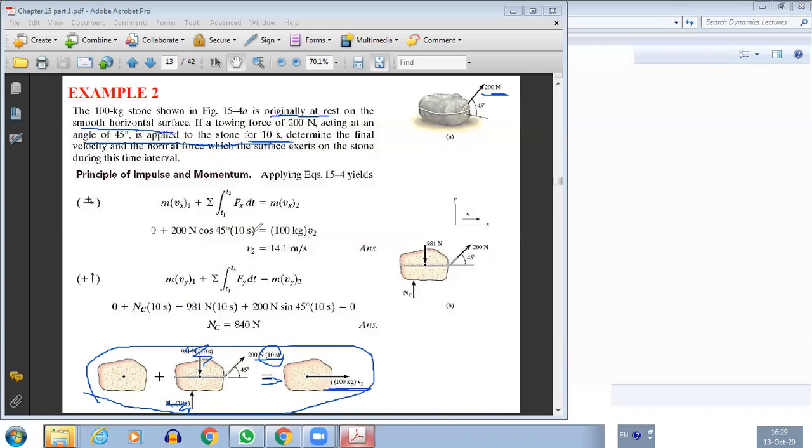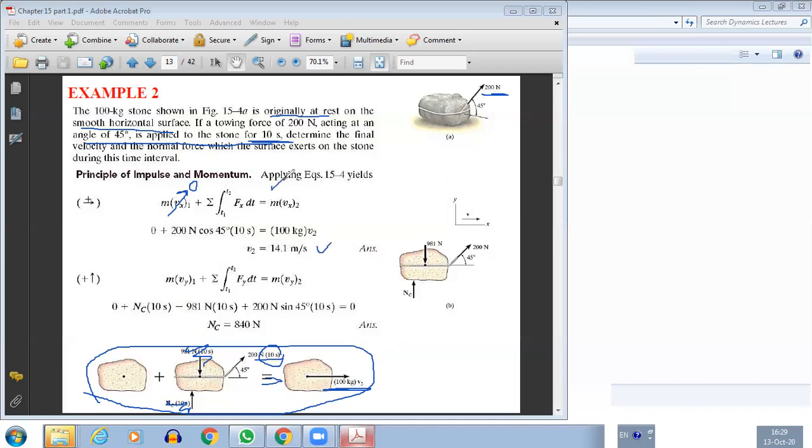Now this problem could be solved in the same way as we did before. We did it in the vector format before. Now we are doing it by splitting it into x and y components. So it will be mvx1 plus the summation, t1 to t2 integral Fx dt, equals mvx2. Initially the velocity was 0, and the final velocity we need to find.